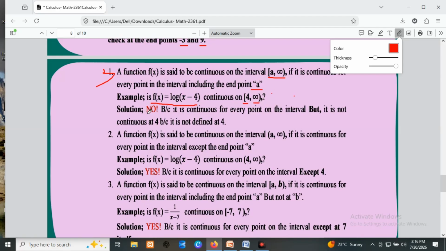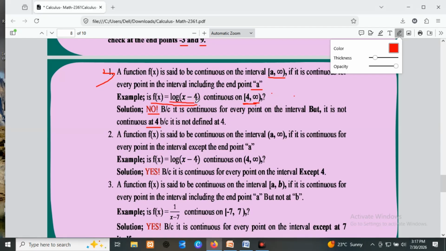So no, it is not continuous, because although it is continuous for every point in the interval, it is not continuous at 4. It is obligatory to check at the number 4 itself, to see whether it is defined.